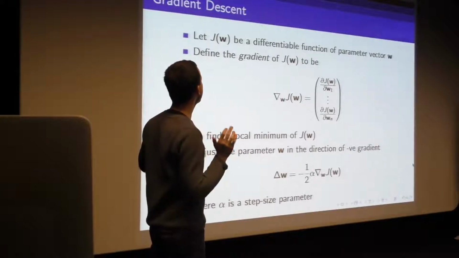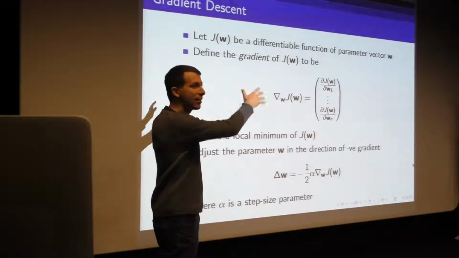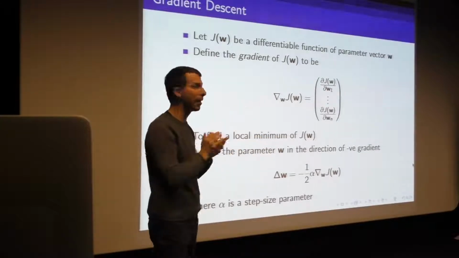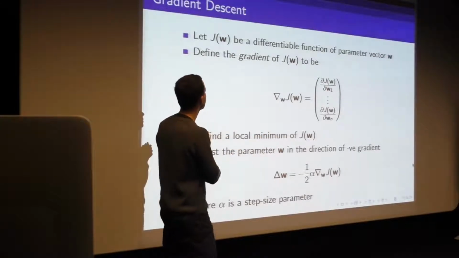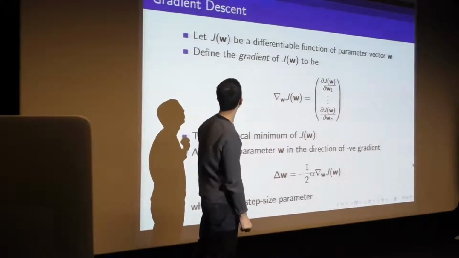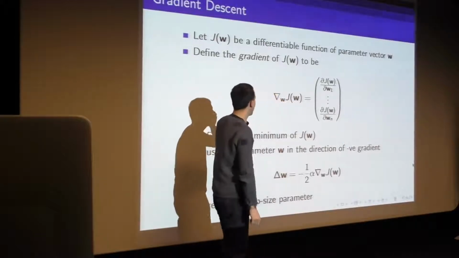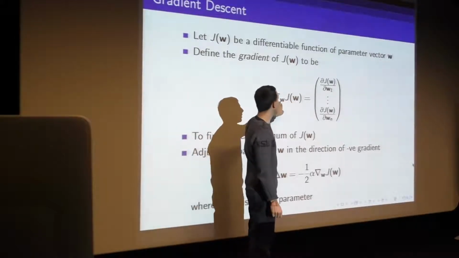So we're going to consider some function. This is just gradient descent in general before we move to our value function approximation. Let's consider some differentiable function J with parameter vector w. And we're going to use this definition of gradient, this grad w notation.